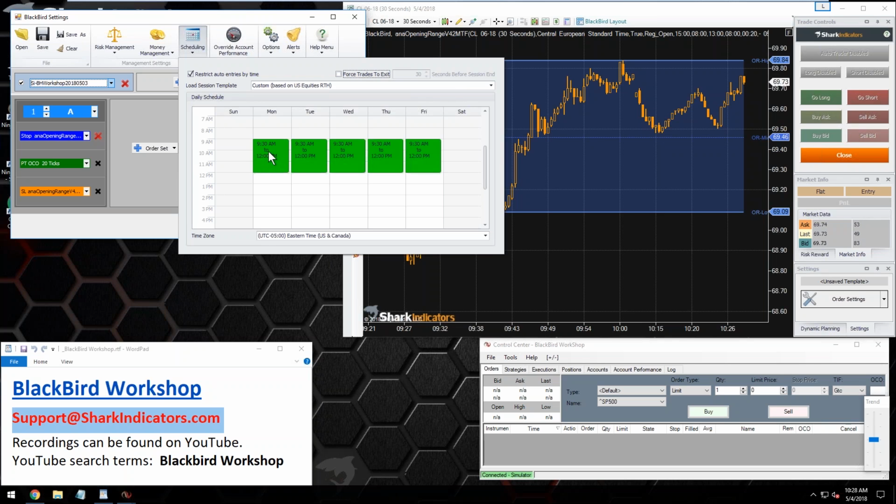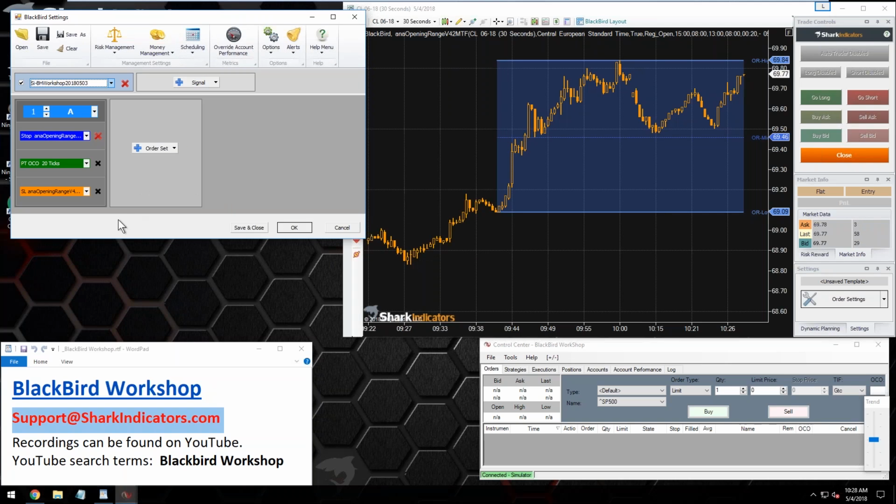What this will do is just make sure that no additional trades are taken after noon. So we don't necessarily need to close that position by noontime. We just want to make sure no new positions or trades are placed. Right. Okay. That should do it.